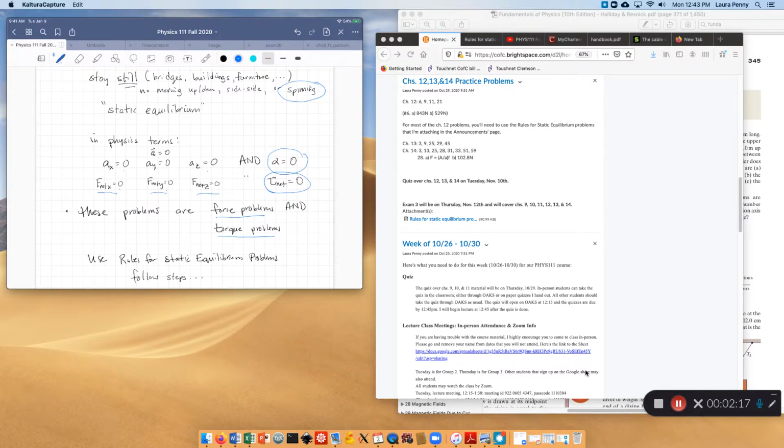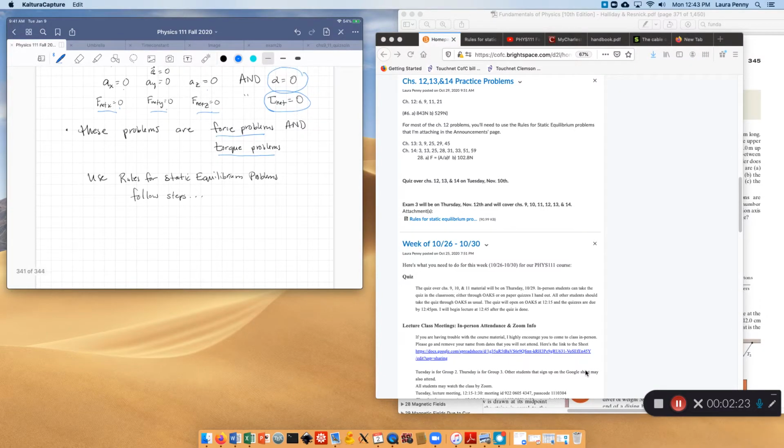We had 2 or 3 torques, and they added up to zero. We didn't have to deal with forces. Now we really have to deal with both. And so we're going to follow these rules for static equilibrium. It's very similar to the rules for force problems, but now we're going to have both forces and torques, with some simplifications because now all our accelerations are zero.